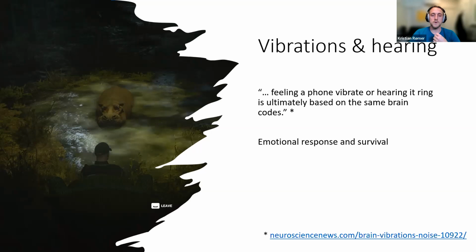As I said before, emotional response, we know hearing a great piece of music can create huge emotions, but we also know that we've used sounds to react to the world around us to survive. And the same goes for vibrations. We're using our subconscious, we are using vibrations to orientate ourselves in the world as well.